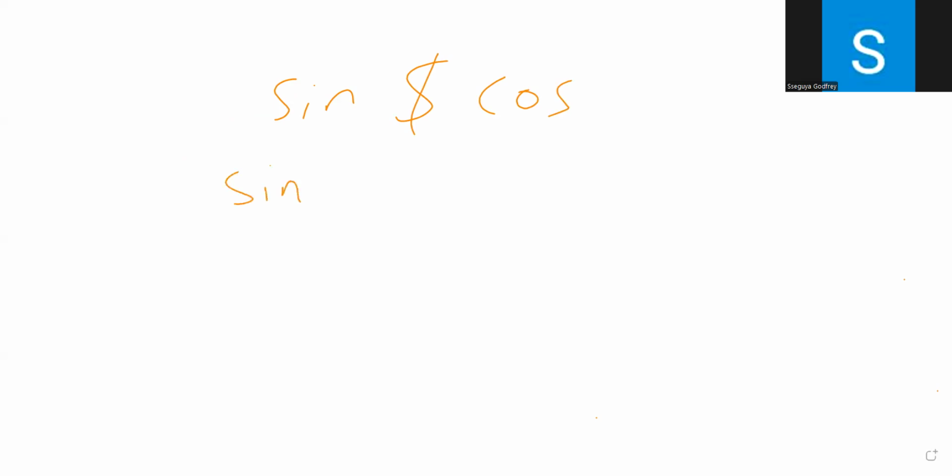How about if we have sine 4t? But remember, we said that sine at is the same as a all over s squared plus a squared. Now we want to identify our a.